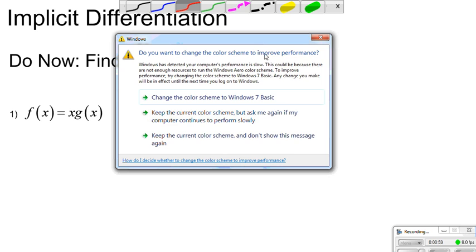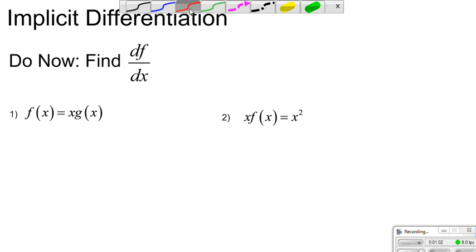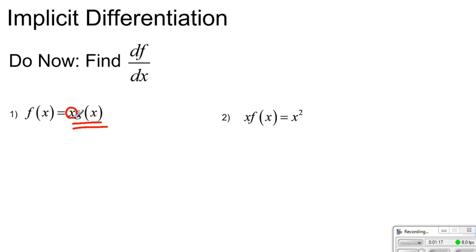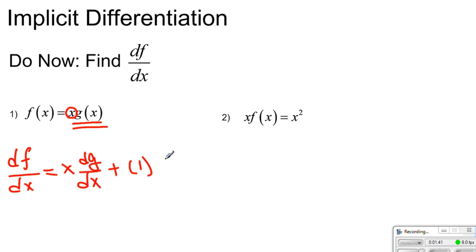Now, for the first question, we have f is equal to x times g of x. Since we have two expressions multiplying, one being x, the other one being g of x, we could use the product rule to get the answer here. Then df over dx would have been equal to x times the derivative of g, which means dg over dx, plus the derivative of x, which is simply 1, times g of x.